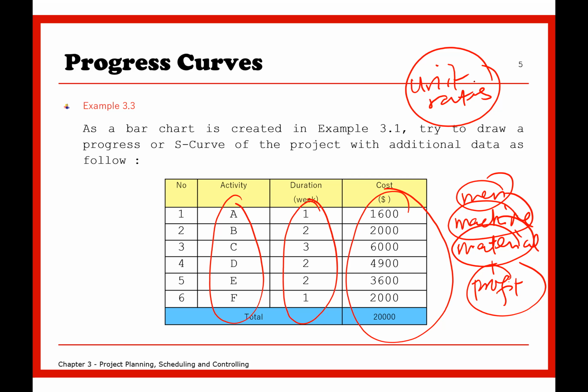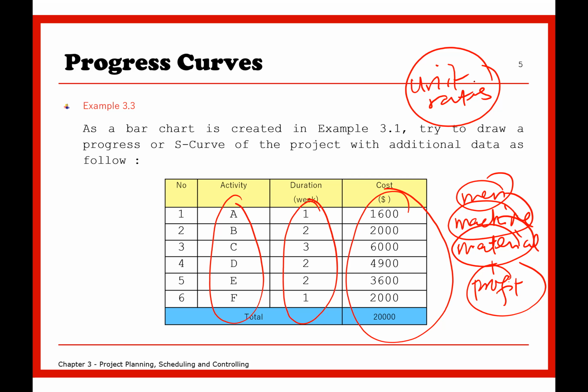When you submit to the client, it actually reflects the contract cost, the overall contract cost, because the client would like to track the amount of work that you do based on the actual work progress. That's how the client pays you.